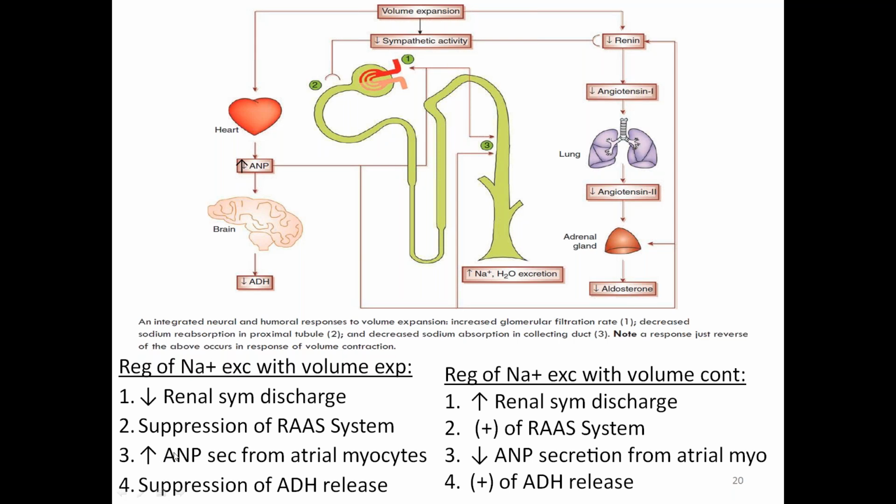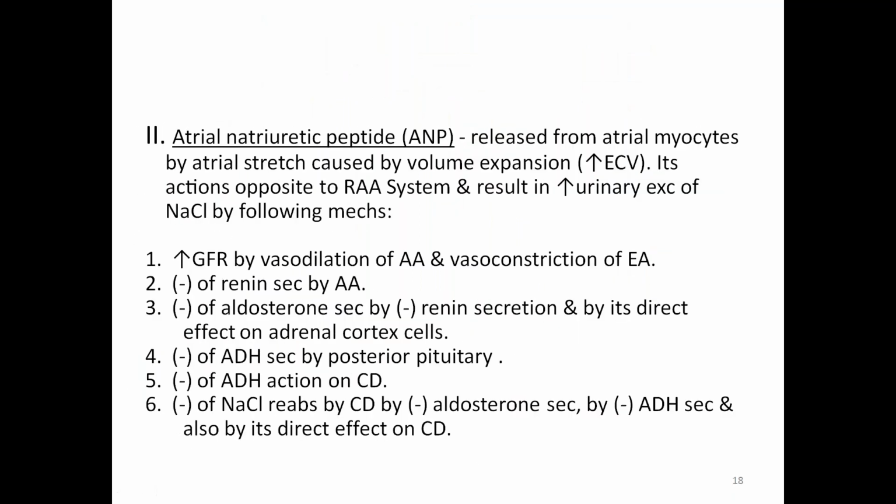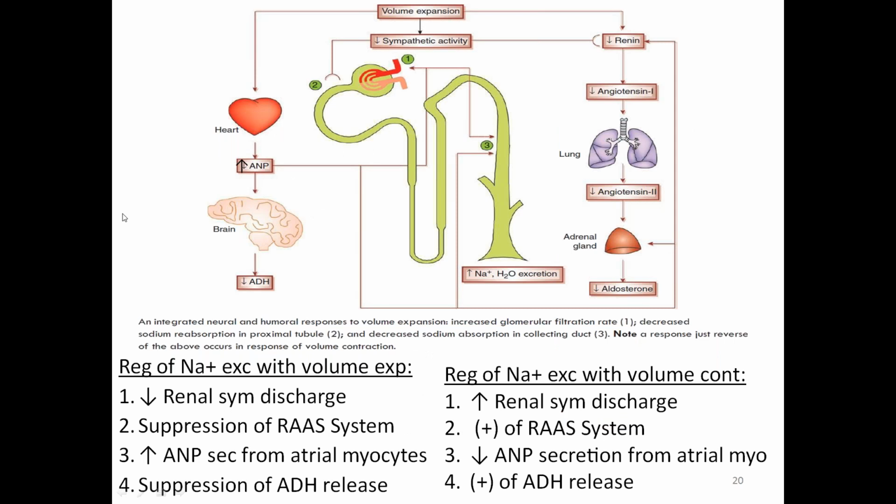Then there is increased ANP secretion, which we just spoke about, from the atrial myocytes. Why did that happen? Because they got stretched. See here, the atrial myocytes went through an atrial stretch caused by volume expansion or the ECV increase, right? So there is increased ANP secretion.